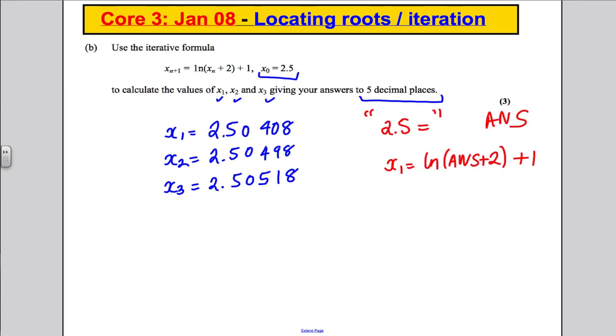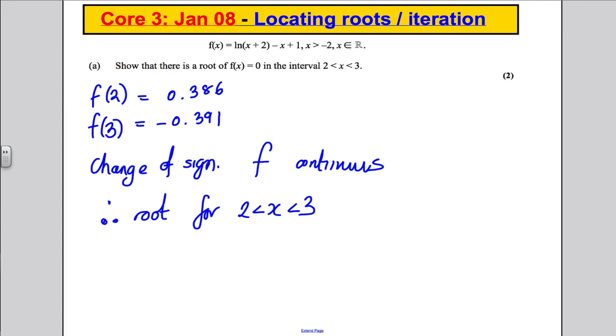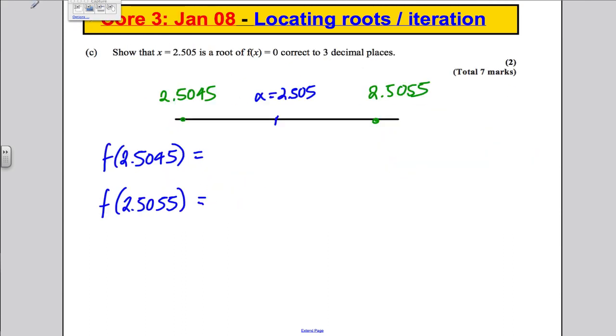Now, what was our f here? Our f was our original function, which I'll just copy over for us. That was our original f, which I could paste here just to help us. Okay, so we type that in our calculator.